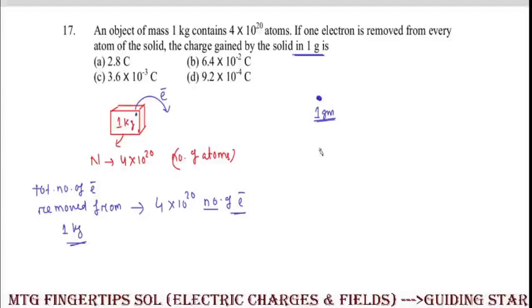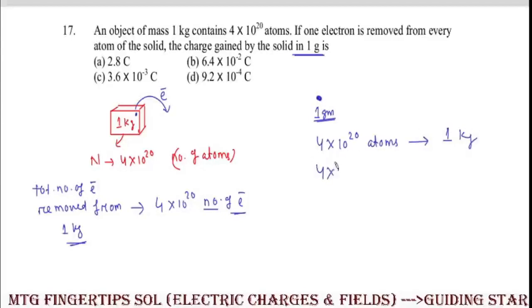So here in this particular case, the first thing we want to find is how many atoms will be there in 1 gram of the given solid. I think what it is saying is that 4 into 10 to the power 20 atoms are present in 1 kg of the given block.